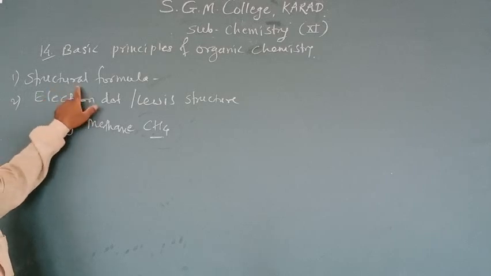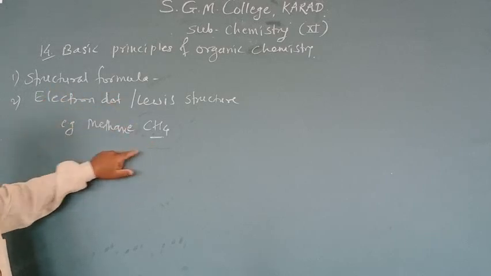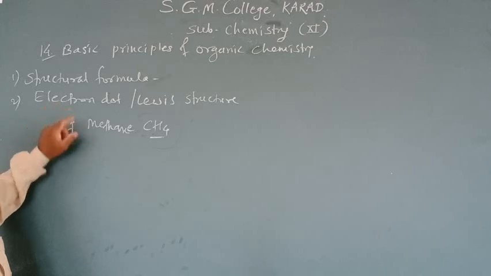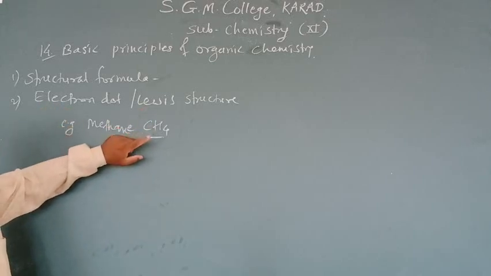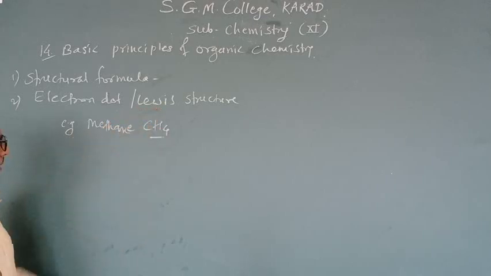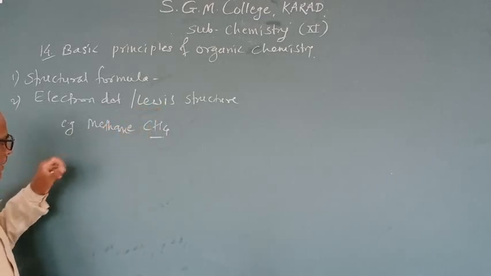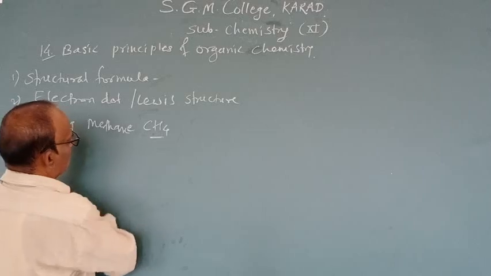We have also drawn the structural formula of methane. The next formula we have to draw is the electron dot structure, also called the Lewis structure. Here Lewis is the name of a scientist. So how to draw this electron dot structure?